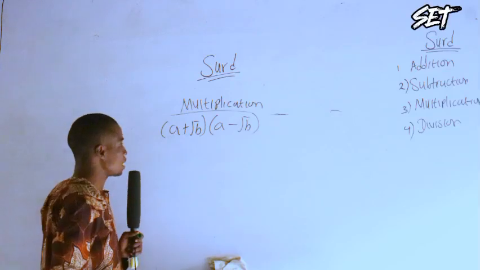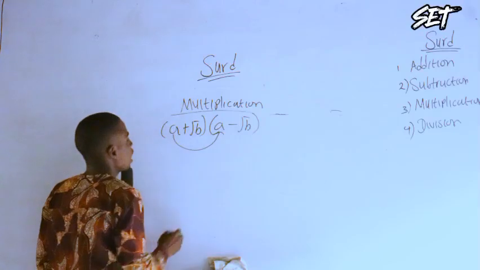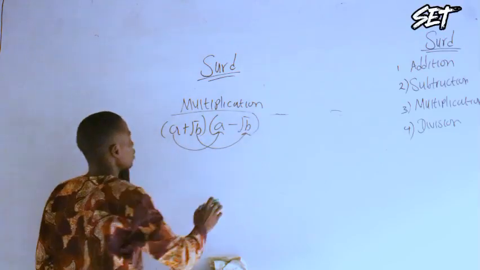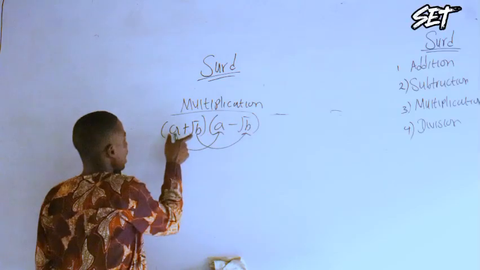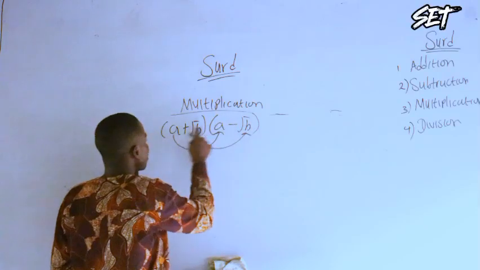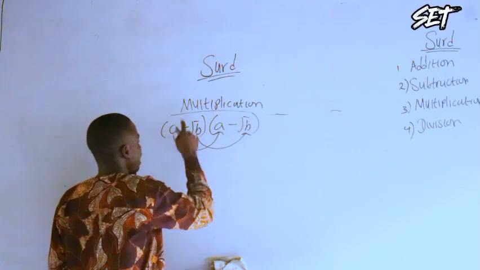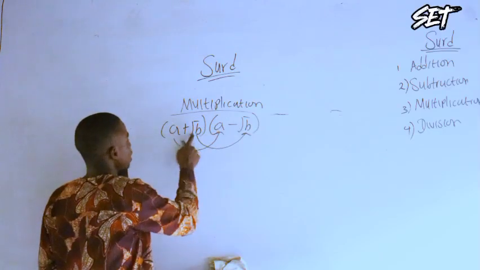Now, how can we do this? You multiply this one by this, and you multiply this one by this. When they are the same, and only the sign is different, plus and minus, you just multiply this one by this, and this one by this.